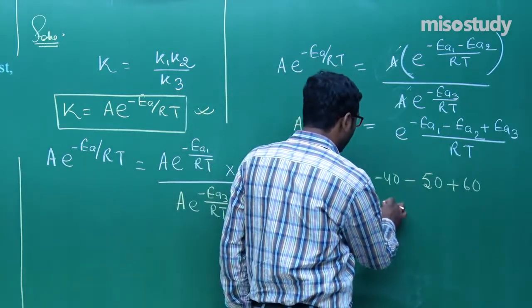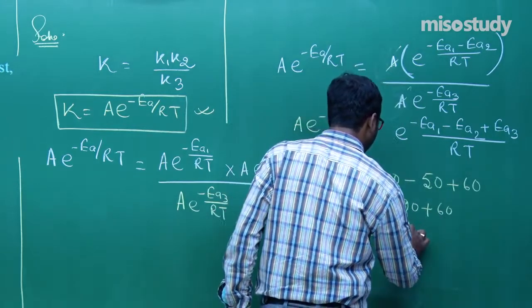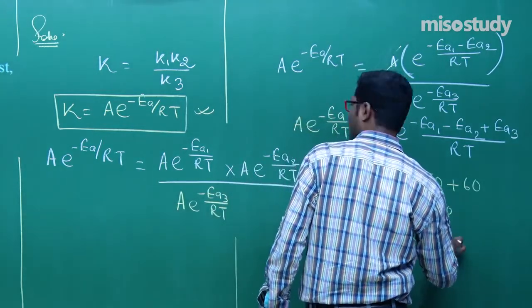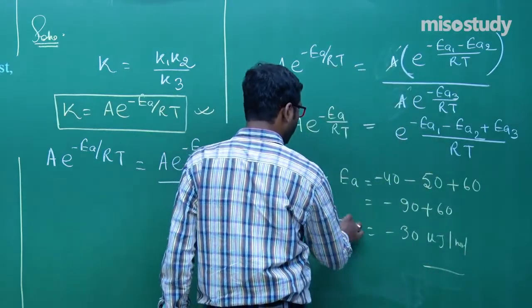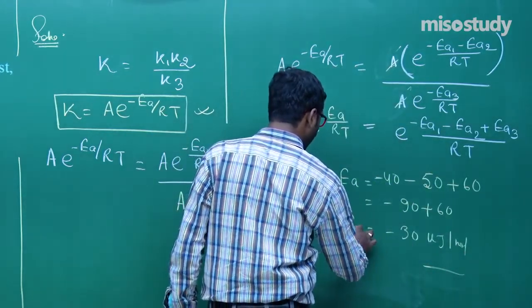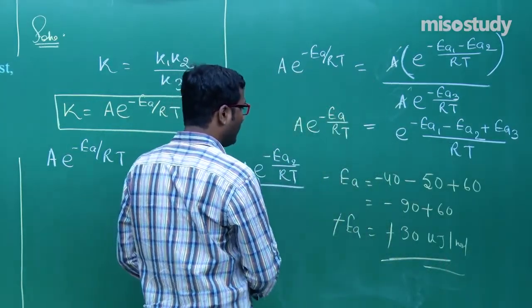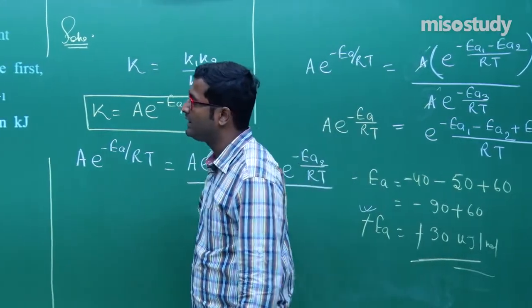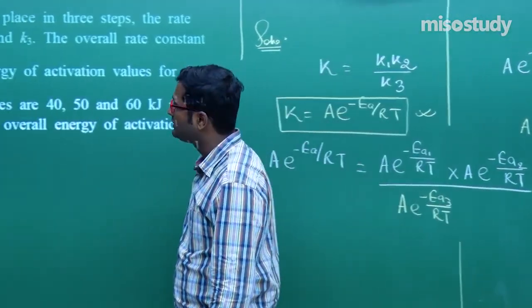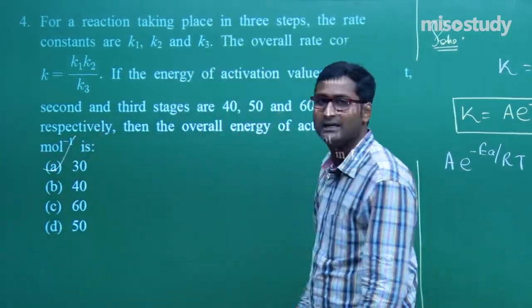That is minus 90 plus 60, that is minus 30 kilojoule per mole. Clear? The minus sign will cancel, so overall magnitude is plus 30 kilojoule per mole. So for this expression, we can say the answer is A.